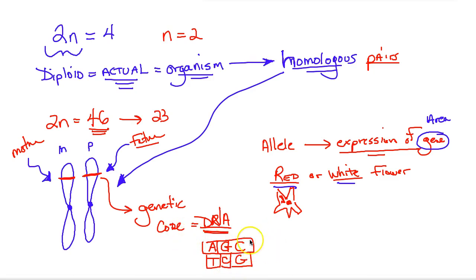This genetic code, which is what a gene is made up of, will make something called a protein.